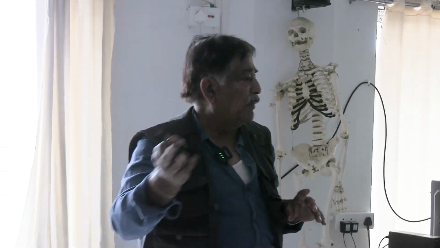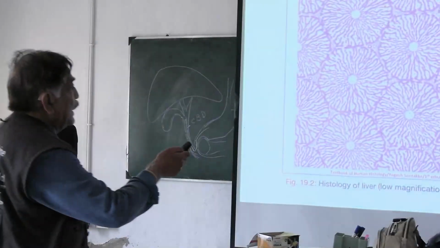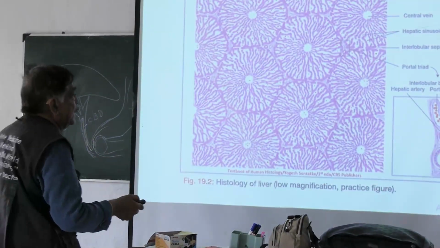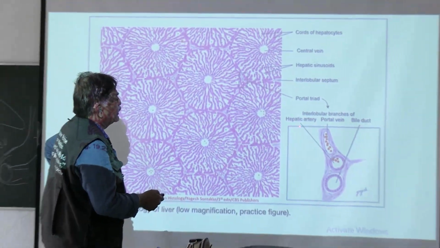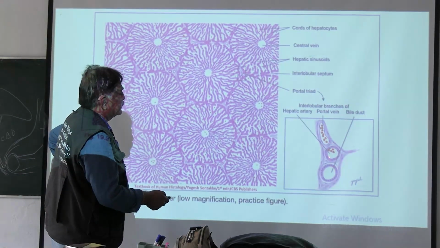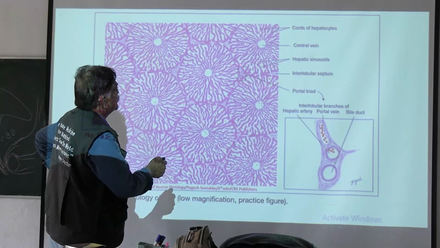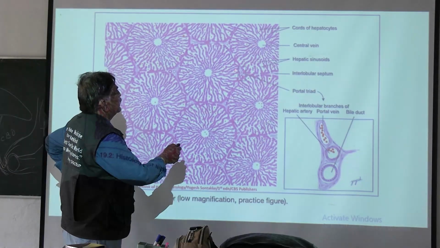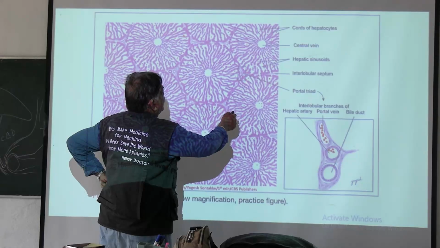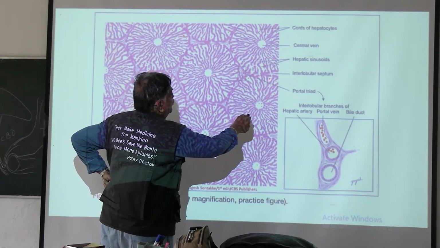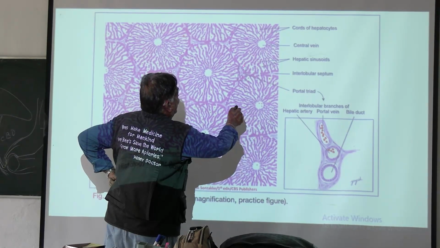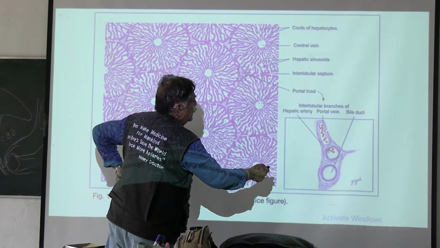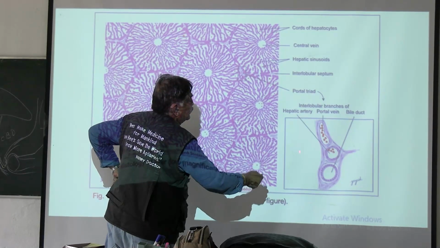Okay, look at this picture: interlobular branches of hepatic artery, portal vein and bile duct. This is the portal triad. He has put a square like this and made this line and put it in a box. This is how he illustrated the portal triad.